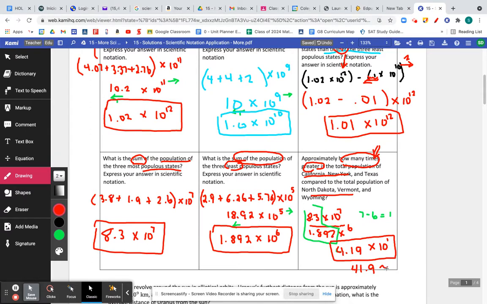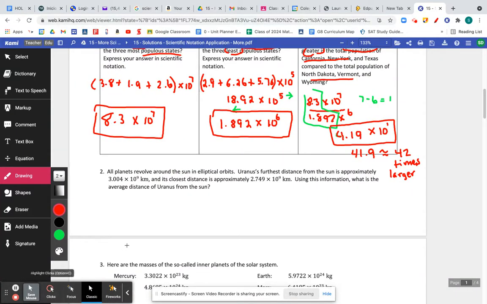I'm going to write, it's approximately 42 times bigger. That's how much bigger that one extra power is. It makes it 42 times bigger than the small one.